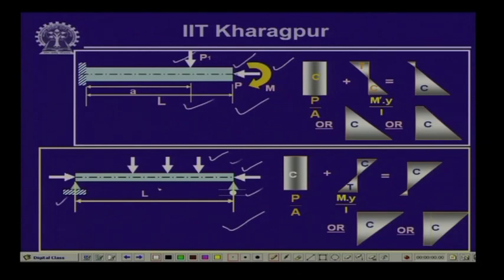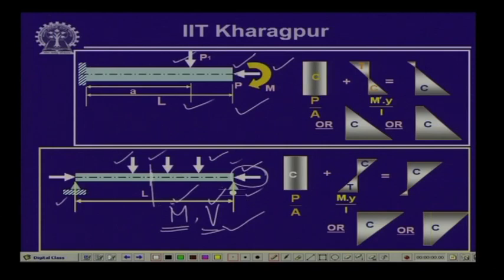If we would like to calculate stress at any cross section in the member, then the stress will be because of this axial load, and this lateral load is going to cause a bending moment M and shear force V at this particular cross section. There will be stresses because of the bending moment M and the shear force V, and finally we will have to calculate the resulting stress because of all three actions.